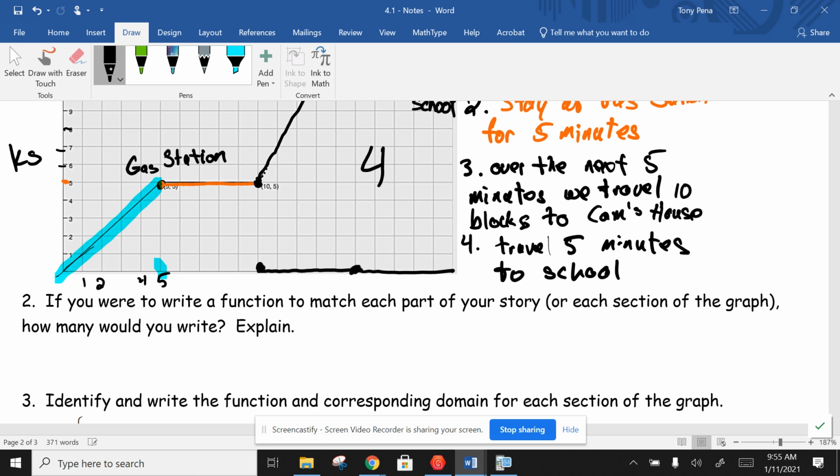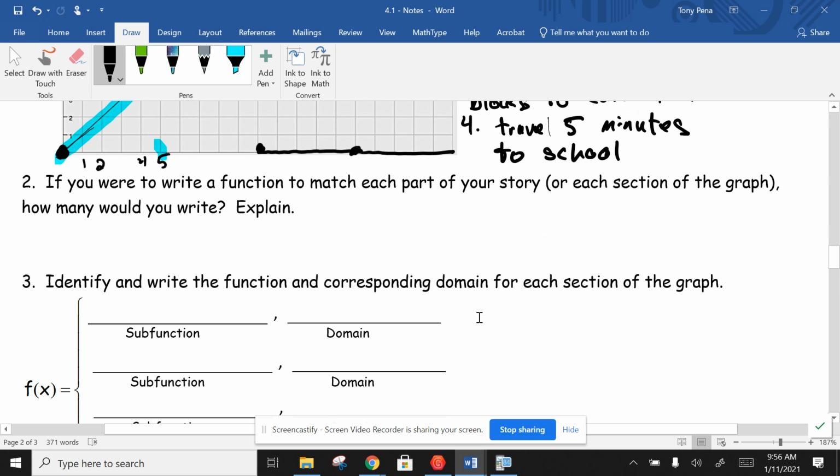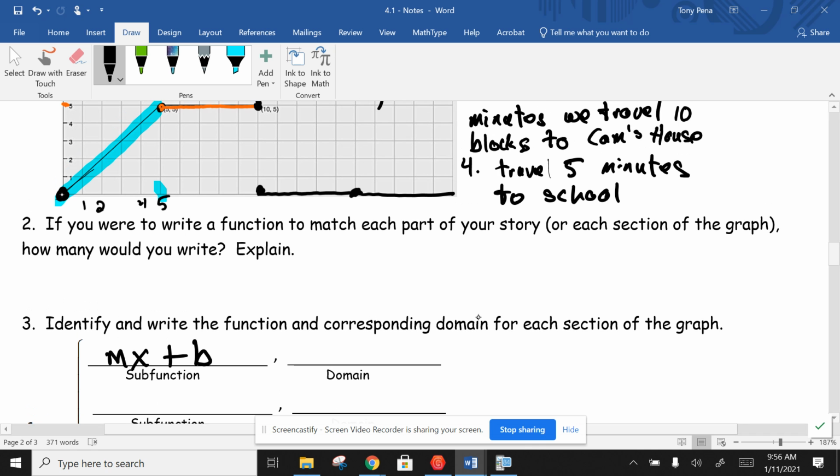Now, notice how this does cross the y-axis here. So do we know the y-intercept of that line? Can we look at that and know where that crosses the y-axis? Yeah, it's at 0, correct? So we should be able to write this one using slope-intercept form. If I go back to that line, aren't I just going up 1, right 1, up 1, right 1, up 1, right 1, up 1, right 1?